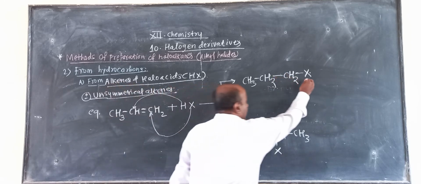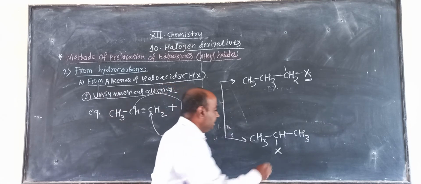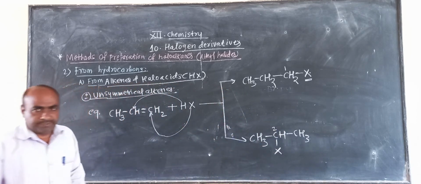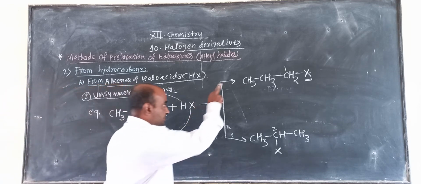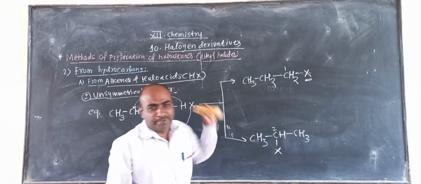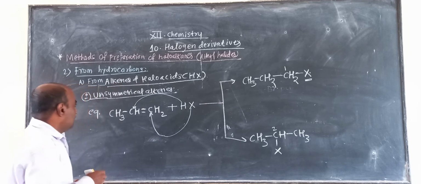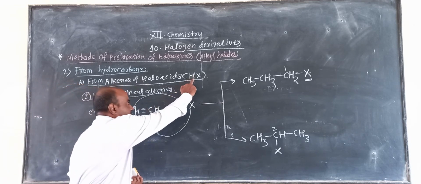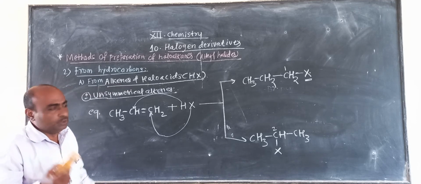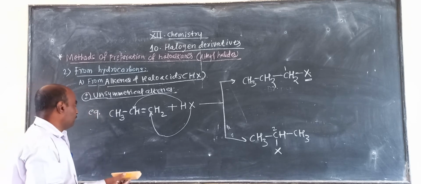The halogen atom in the first case is obtained on carbon number 1, whereas in the second case the halogen atom is added on the second carbon atom. So the product obtained will be either major or minor, depending on the unsymmetrical alkene addition with HX, which follows two rules, called the Markovnikov rule and the anti-Markovnikov rule.